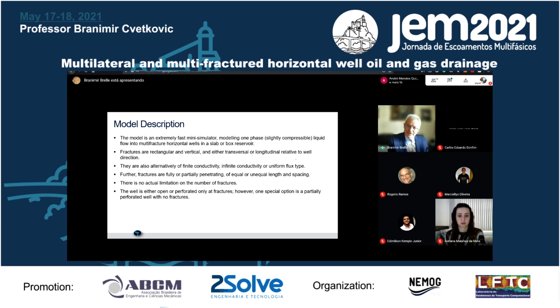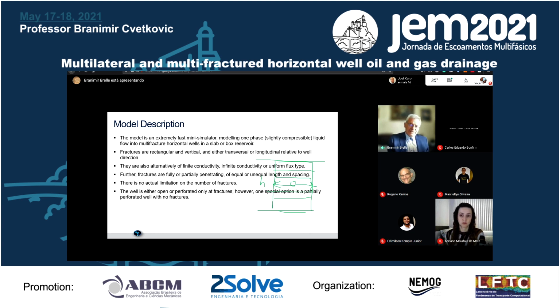That means if I have a layer like this, fully penetrated means that I have a height which is that height, if this is my well. But I may have only that as the height of the fracture, or that. You see, this is the height, but this here is a half length. So that is different, okay?